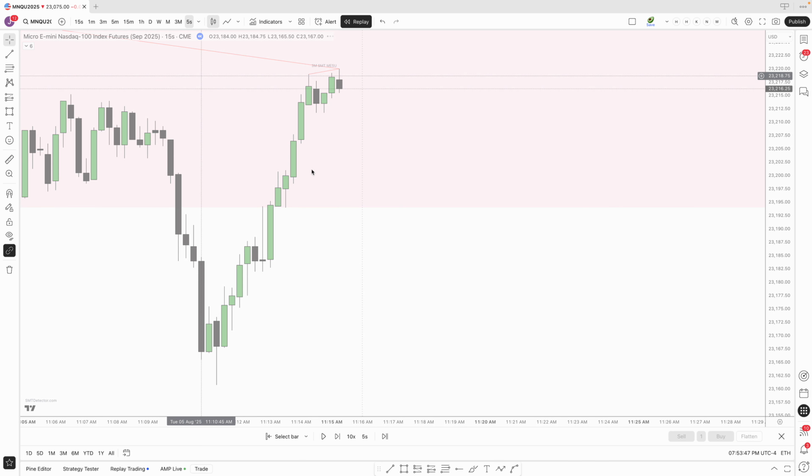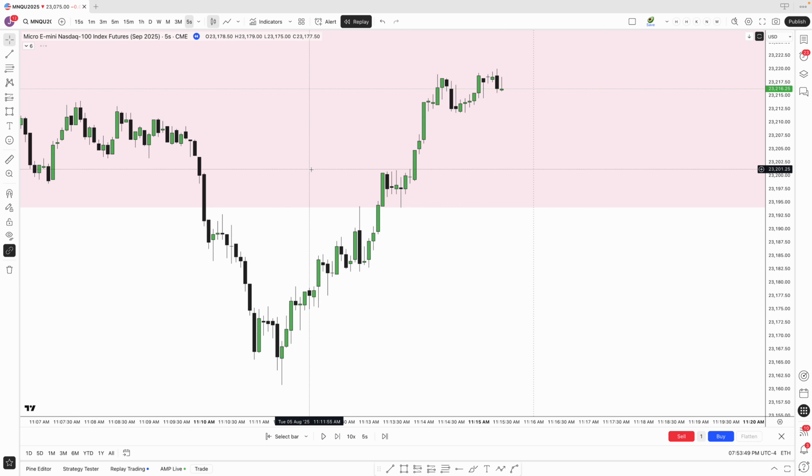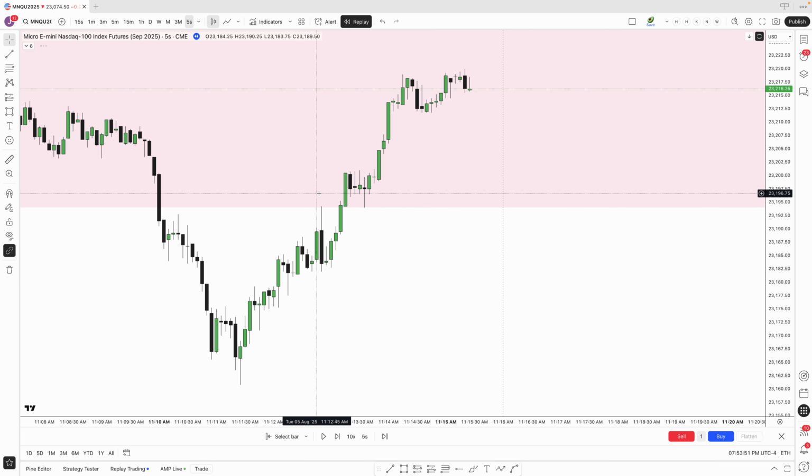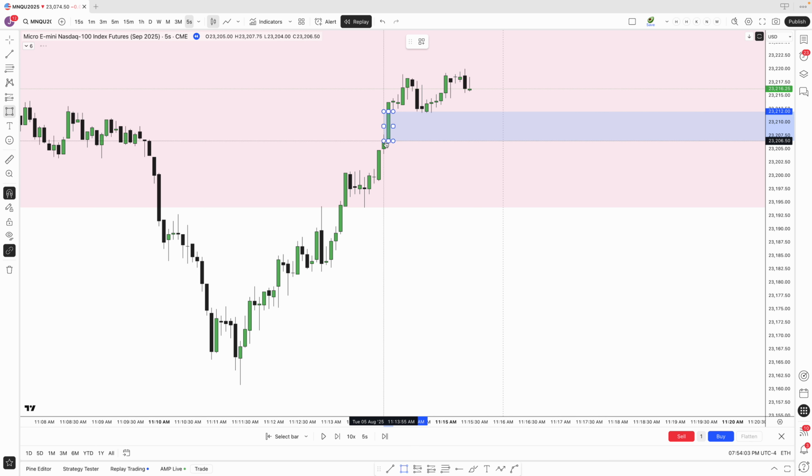Now, I took this trade on the 5-second chart, so I'm going to show you it on the 5-second chart. At this point, we have the SMT at the highs. What I'm looking for here is a change in the state of delivery below this fair value gap. It served as support, ran higher, and now I'm looking for it to drop lower.